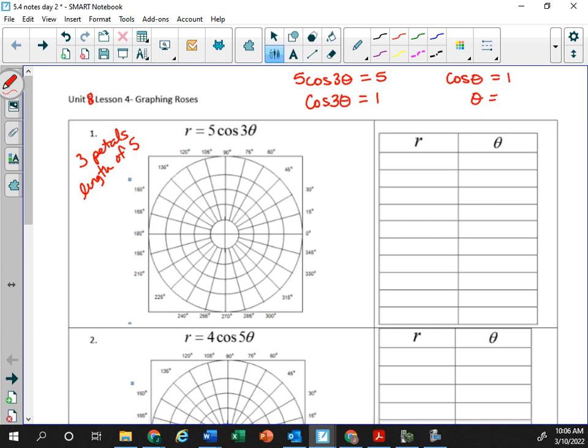I'm just going to say 0, plus 2 pi k, because it would happen there over and over. Then I come back over to the equation I wrote on the left here, and it's not really theta equals that, it's 3 theta equals 0 plus 2 pi k. What do I do next?